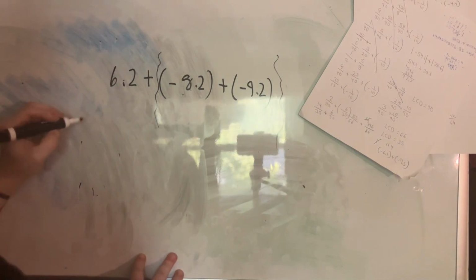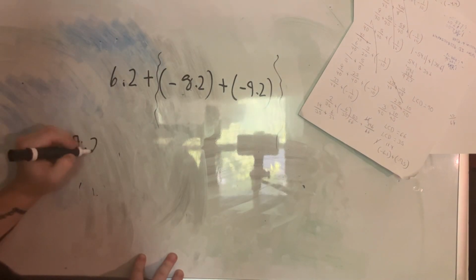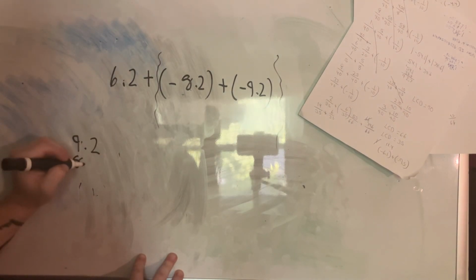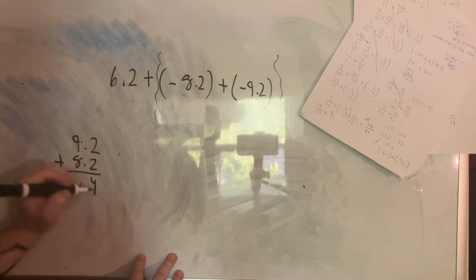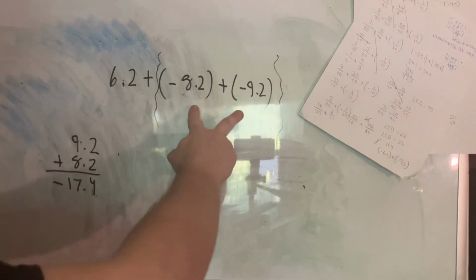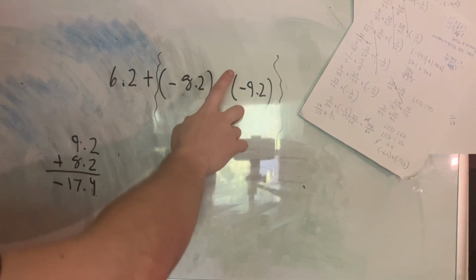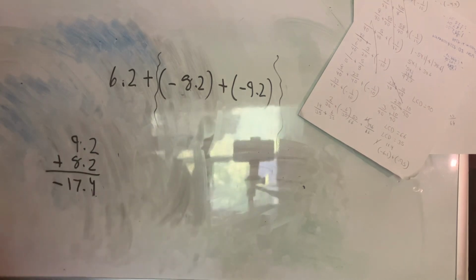What I want to do is simply add these two numbers together and then apply a negative sign to it, because when there are two negative signs with an addition operator, the sign gets carried through to the answer.